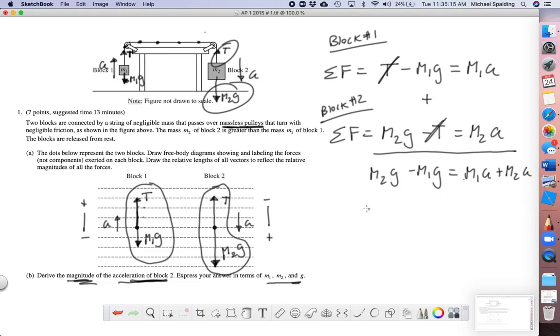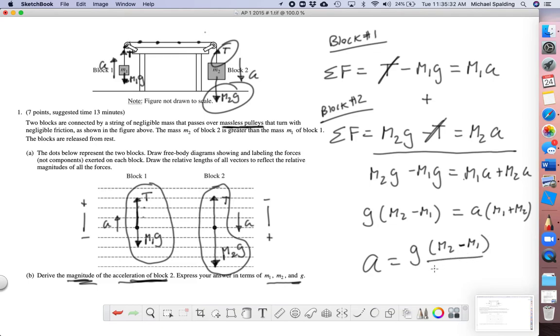Simplifying, we get G(M2 minus M1) equals A(M1 plus M2). So the acceleration is G(M2 minus M1) divided by (M1 plus M2), and this is the answer to the question.